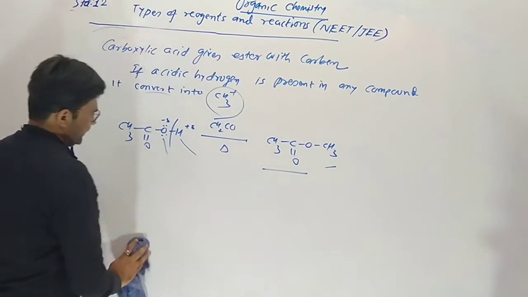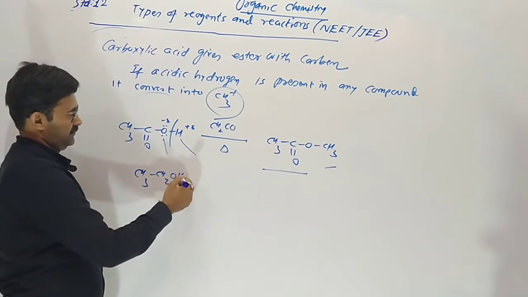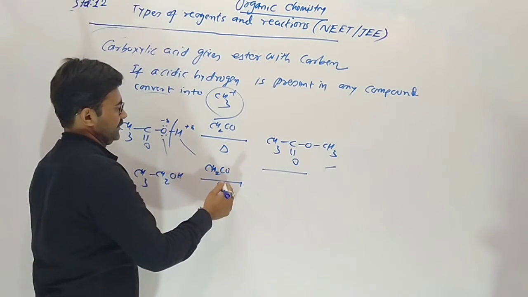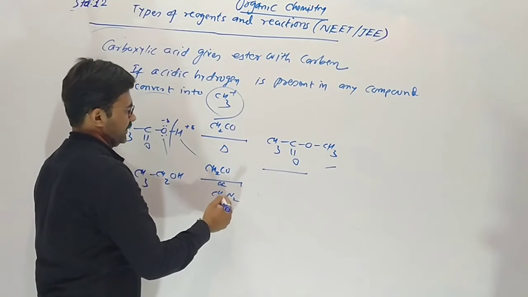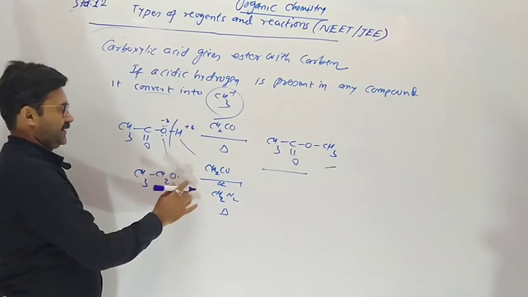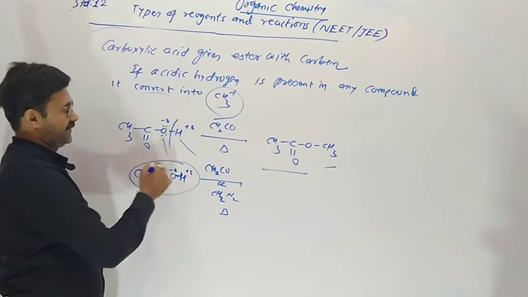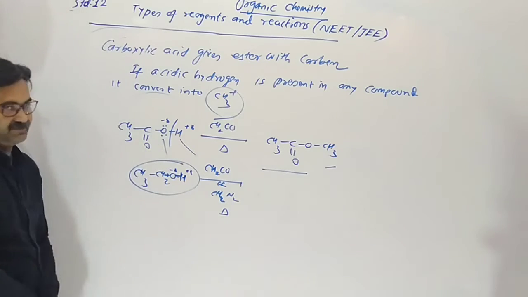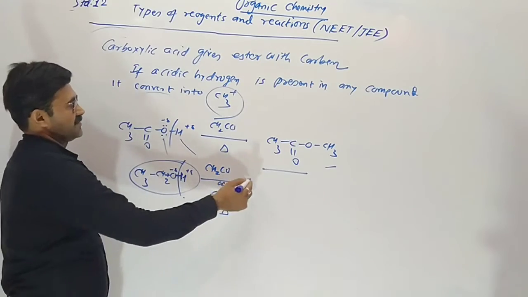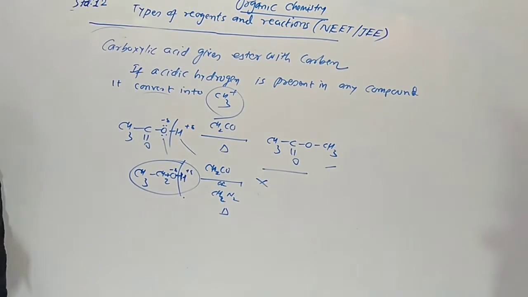But store in your mind, ethanol does not react with ketene or diazomethane. Why? The acidic nature of ethanol is less than water. The H plus releasing nature is very less. So no reaction occurs here.